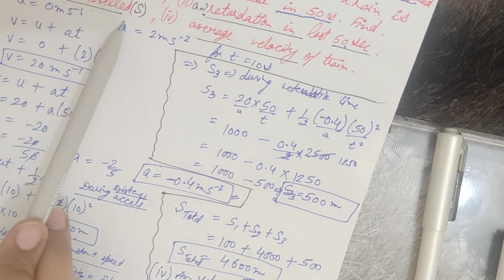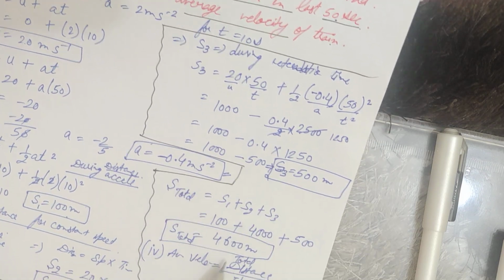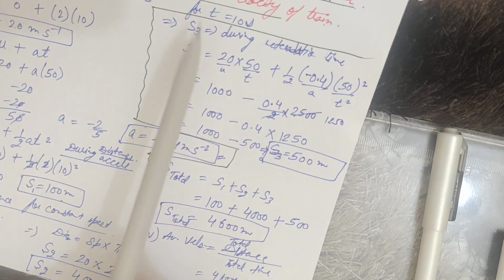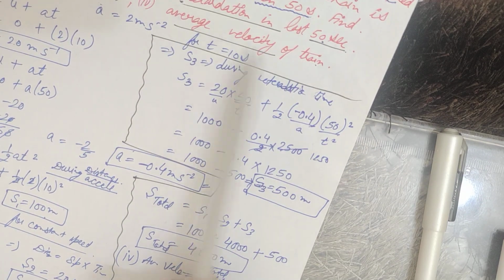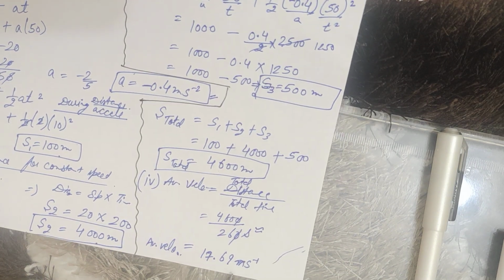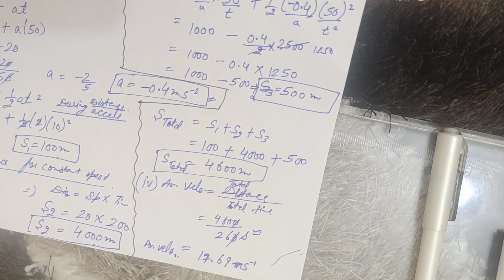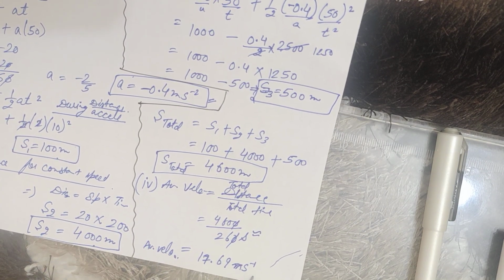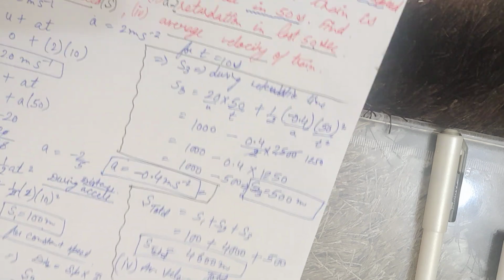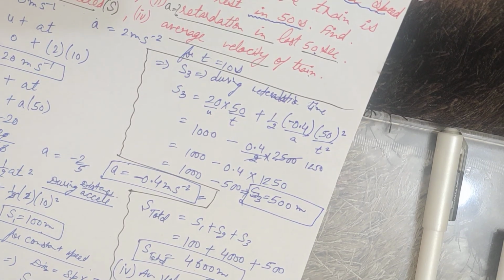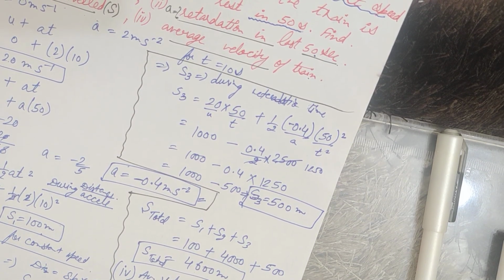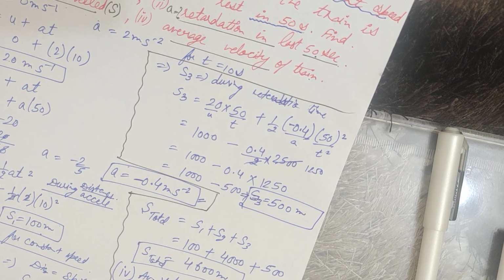Total distance traveled is 4600 meter. Average velocity of the train is 17.69 meter per second. Like this you can easily explain your complete answer in just two lines. So with this our exercise questions finished.